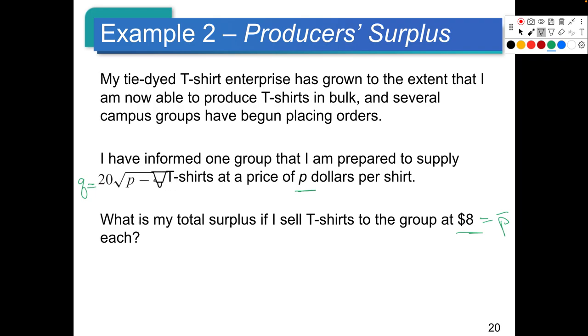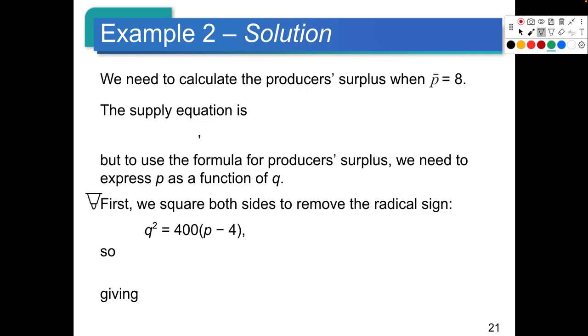Again, you don't necessarily need to do that, but they went ahead and did that to solve for Q. P is a function of Q, so they're going to solve for P, because remember, we want S of Q, which means we have to plug in Q to get P. So they square both sides and then divide by 400, add 4.